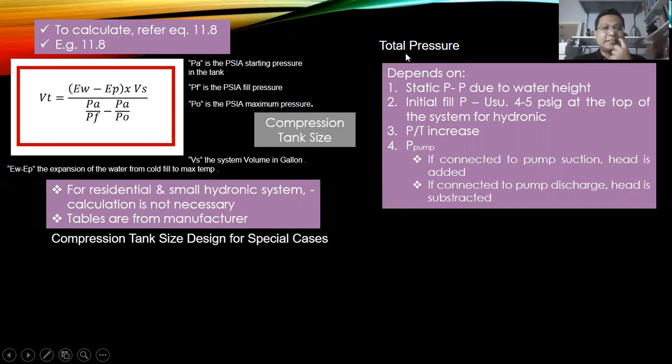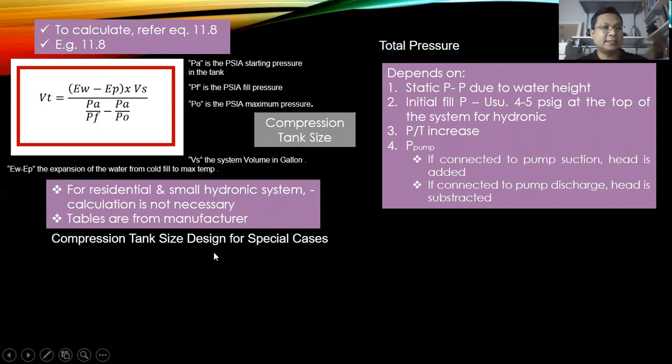The total pressure influencing the system comes from the static pressure, the initial pressure, the pressure influenced by temperature, and then the pressure from the pump itself. From this total we can calculate the compression tank size.